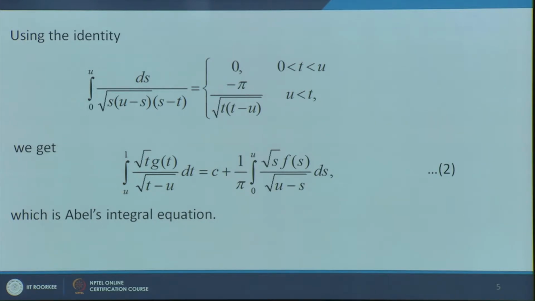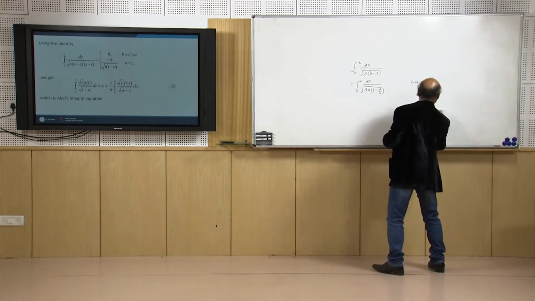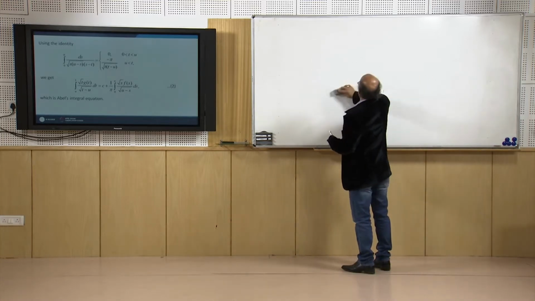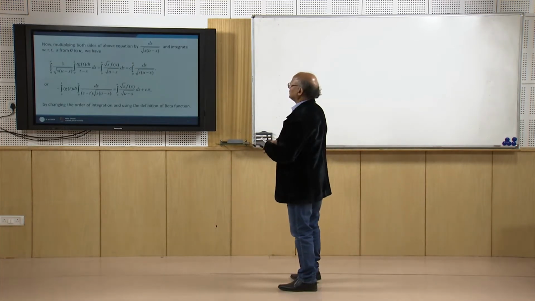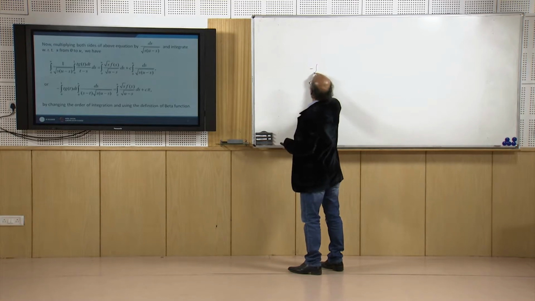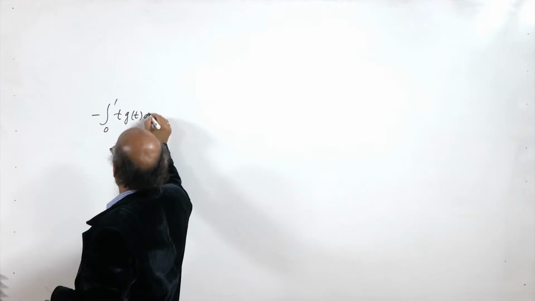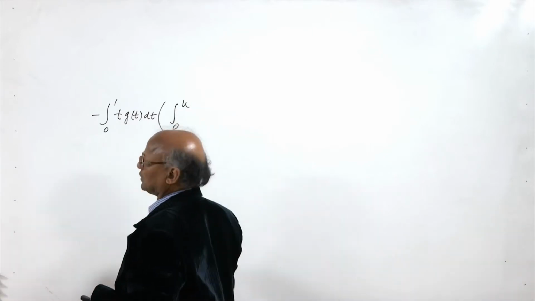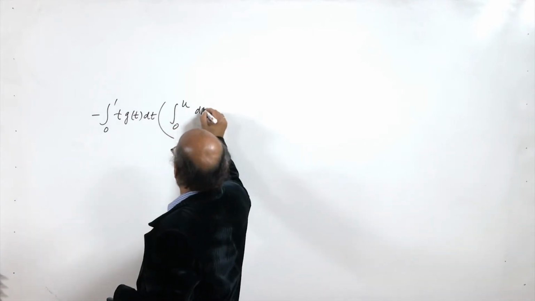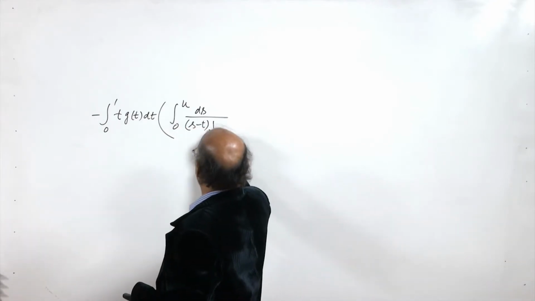When you use this identity, let us see how we get the expression. So let us go back to the equation, this one, but we have minus integral 0 to 1 t gt dt, and inside we have integral 0 to u ds upon s minus t square root s into u minus s.